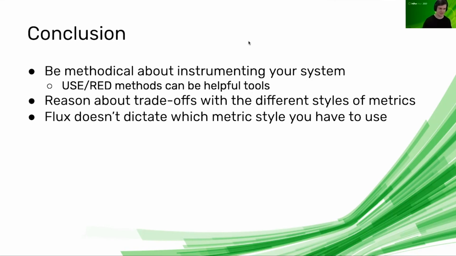Even in V1 of InfluxDB, you really couldn't do this. If you wanted to do any kind of processing with these values, you would have to write them into the database, query them out, and then do some transformation in your own programming language. What's really exciting is Flux doesn't dictate which metric style you have to use. You can pick and choose and figure out what exactly works for you. And I think that's really compelling.